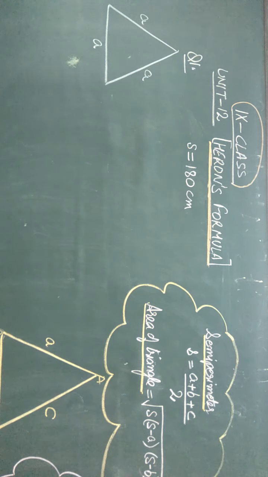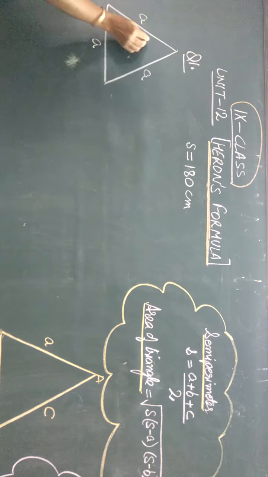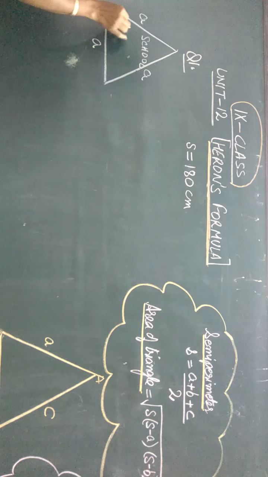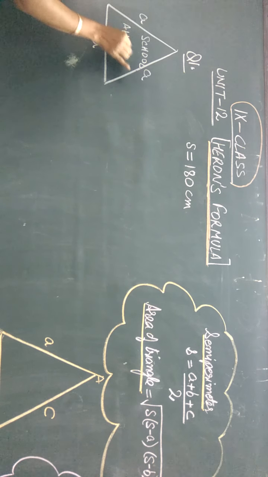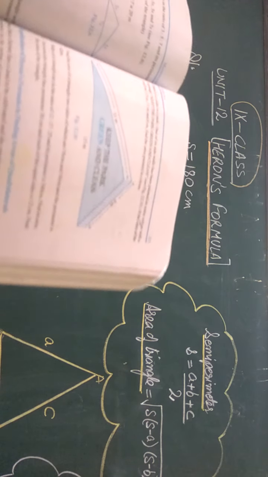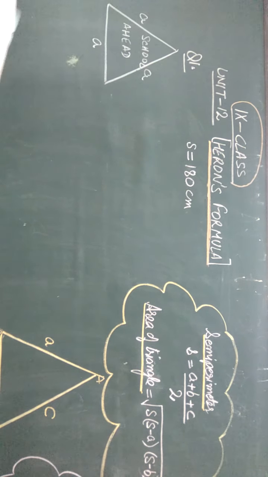A signal board is there which is triangular in shape, and on this board it is written school ahead. So dear students, the board is in the form of an equilateral triangle. It is given to us that the triangle is equilateral.